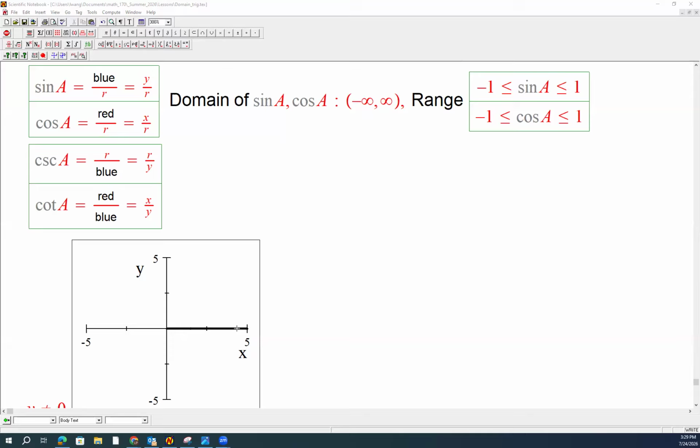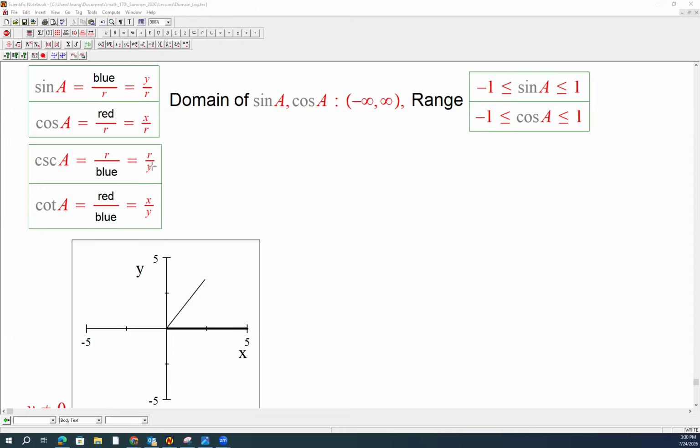You see one is horizontal, where Y is 0 because we only have X. And the other terminal where Y is 0 is the negative direction of the x-axis. So these are the two terminals that must be excluded from the input for cosecant and cotangent.